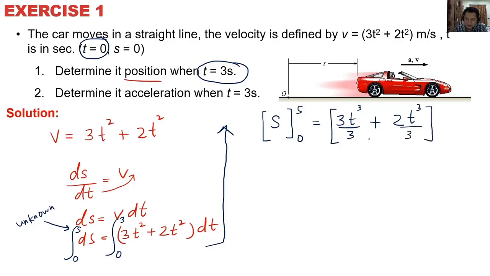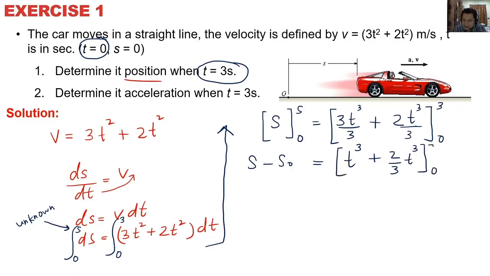This one you have to evaluate from 0 until 3. So on this side you're going to get S minus S naught. And how about this side? Settle. You get t cubed plus 2 over 3 t cubed.